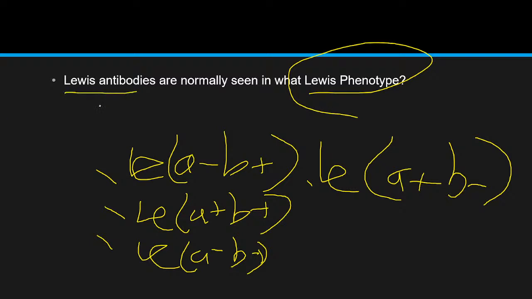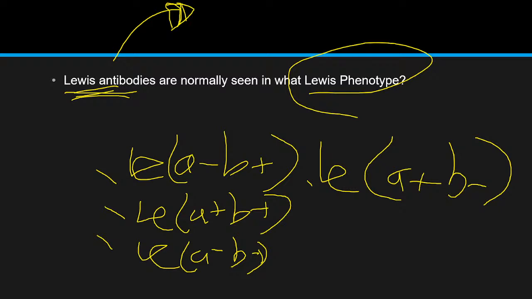Remember, antibodies are produced in the absence of the antigen. So is the antithetical principle applicable in the Lewis antibodies? All right, a lot of people answered correctly. There were a couple of people who answered incorrectly.